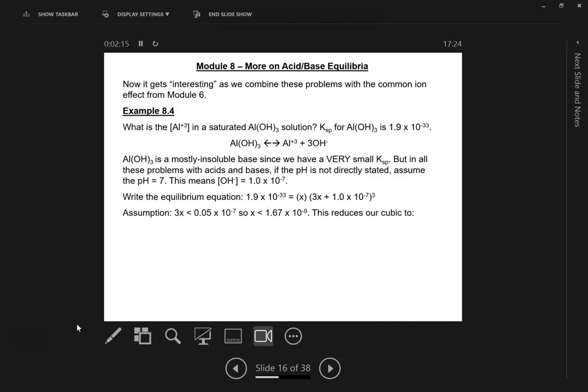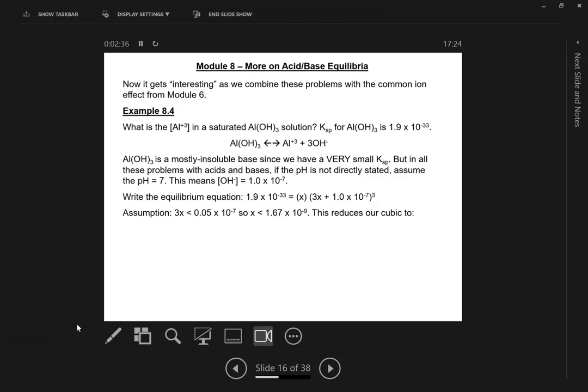So now we need to see if we can make this simple by making an assumption. We want to see if 3x is irrelevant compared to 0.05 times 10 to the minus 7th. That way, from a sig fig's perspective, we could ignore it. So I divide both sides of that equation by 3.